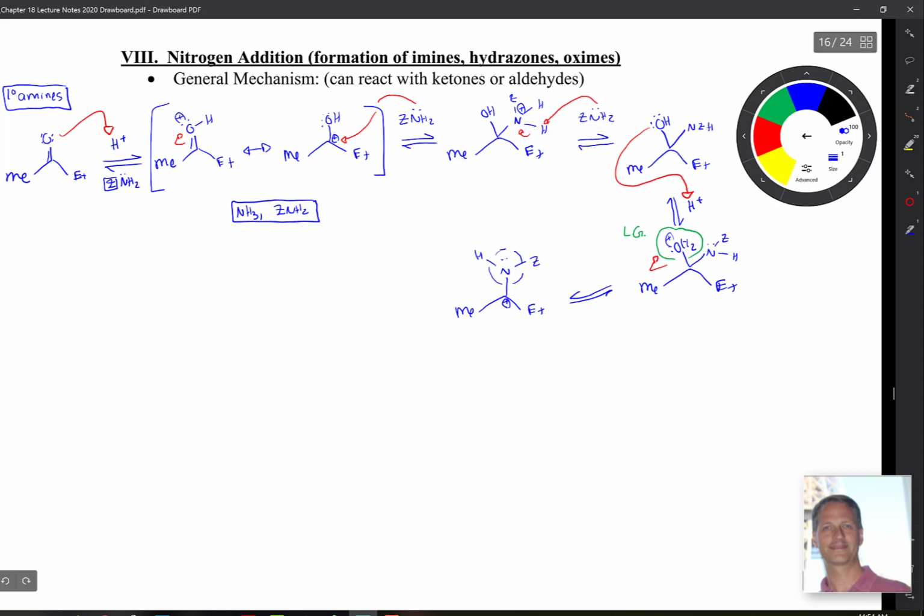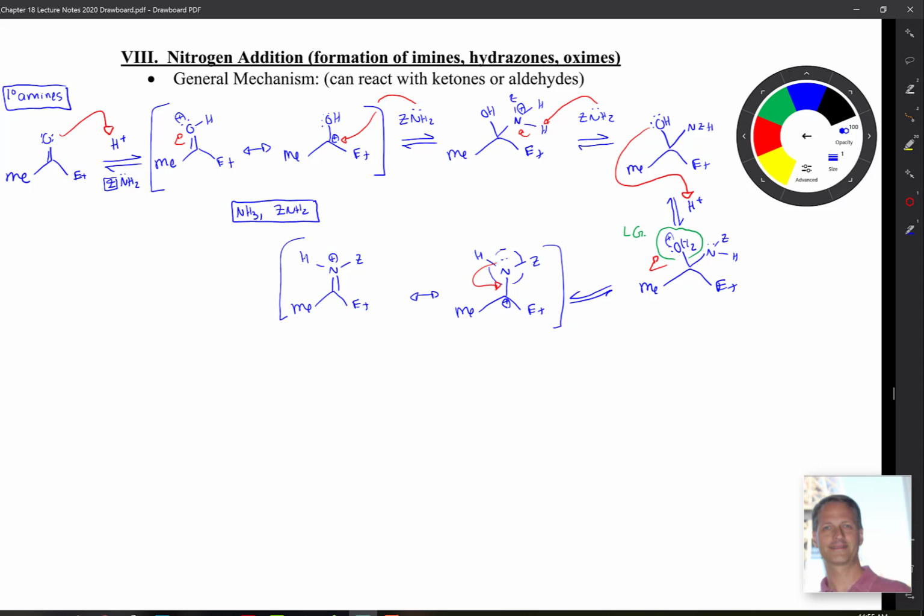And so with that lone pair in here, we're going to take that lone pair and come down right there. And that's going to give us our methyl and our ethyl here, a double bonded nitrogen with a Z on this side and an H over there and a plus charge right there.